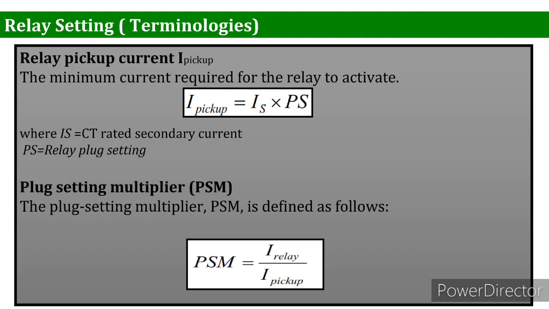There are two more terminologies, like relay pickup current, the minimum current required for the relay to activate. So I pickup is equal to IS times PS, where PS is the plug setting and IS is the CT rated secondary current.